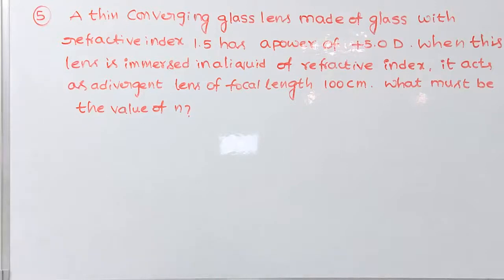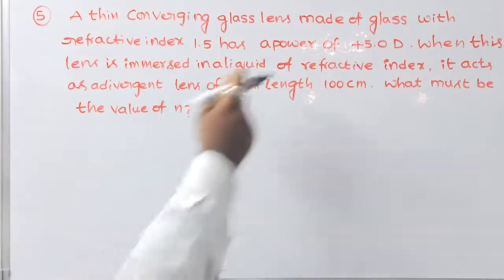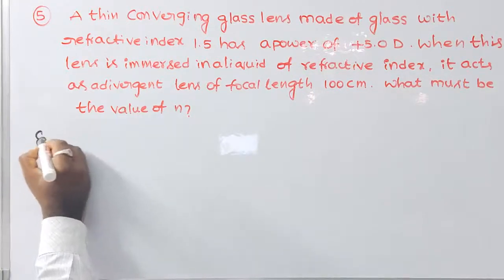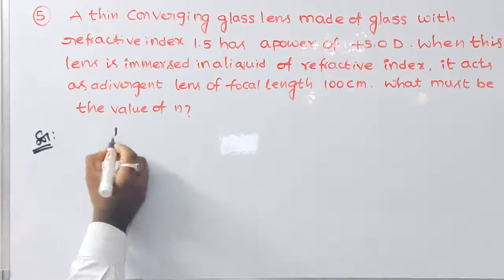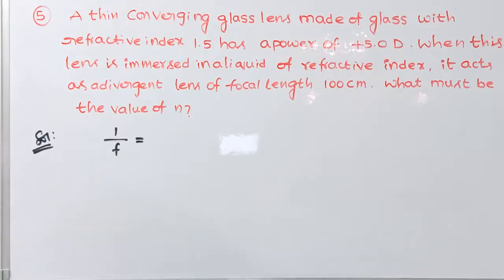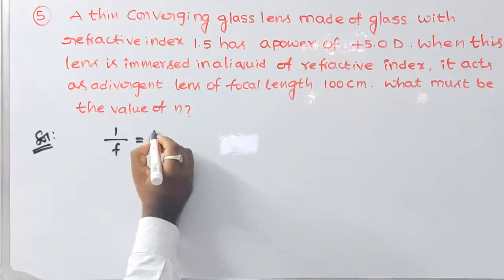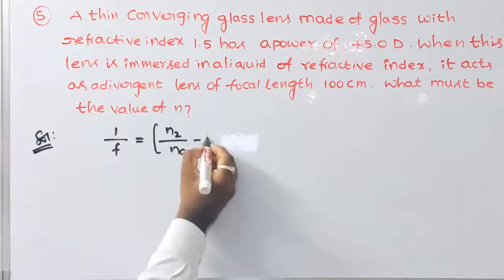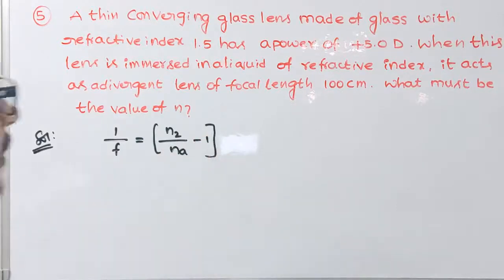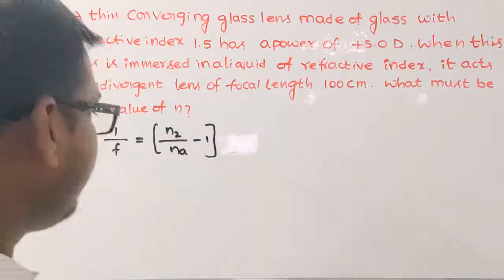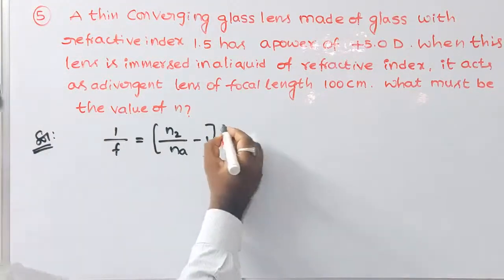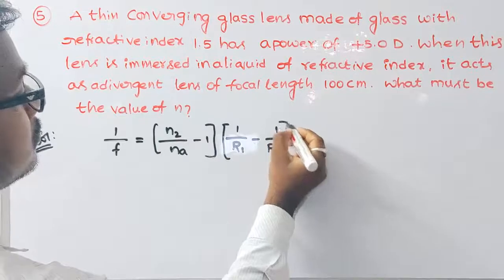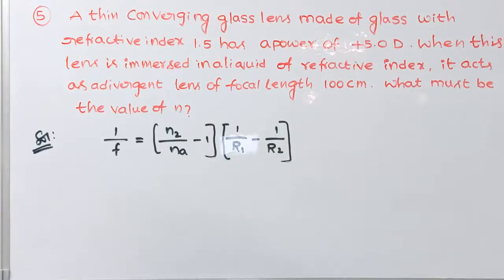According to the lens maker's formula, the focal length of a convex lens placed in air can be obtained as 1 by f is equal to n2 by na minus 1, the refractive index of the second medium divided by the refractive index of air, minus 1, into 1 by r1 minus 1 by r2.